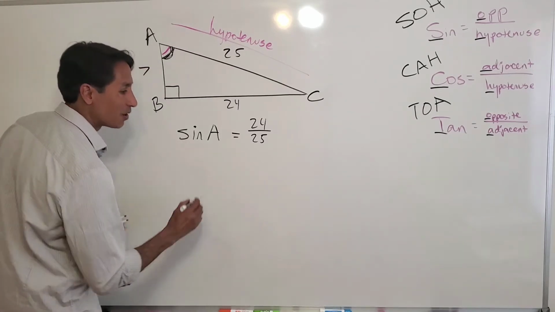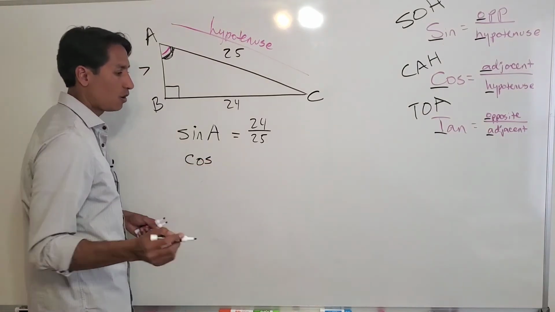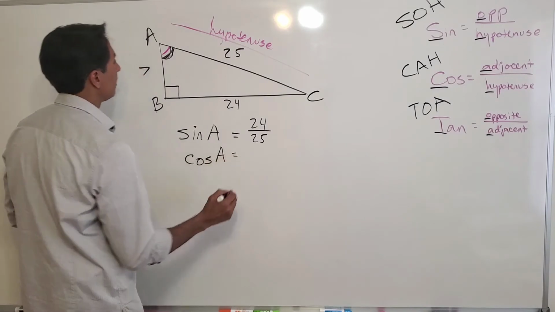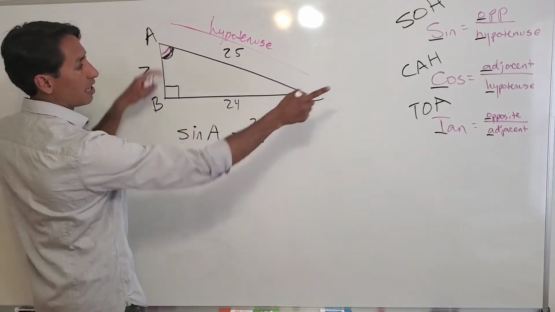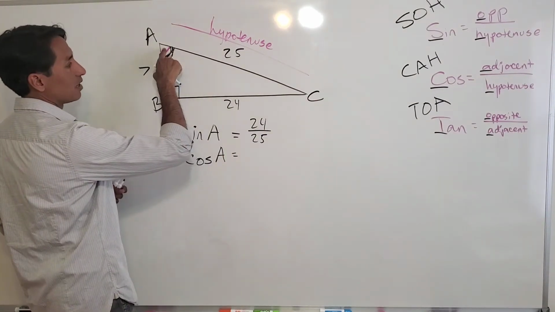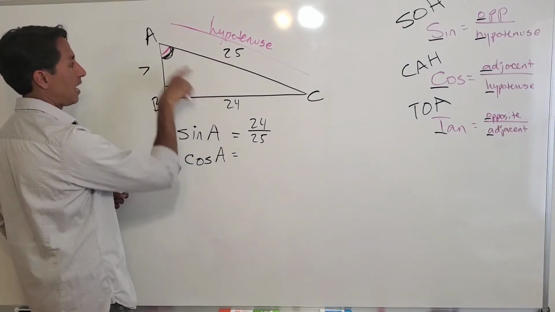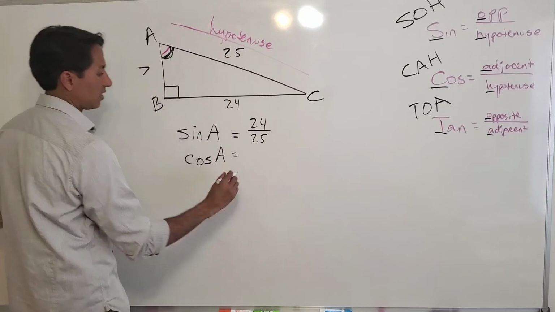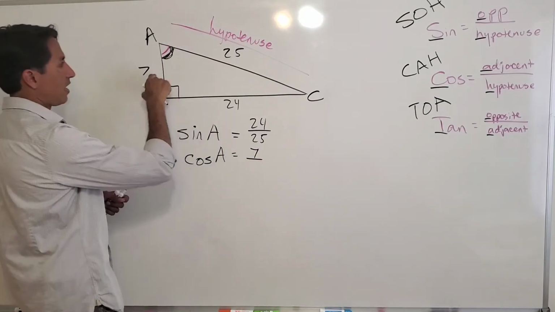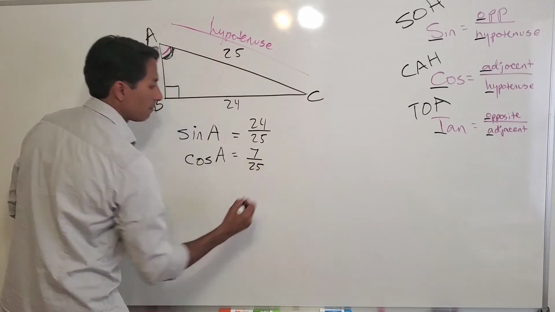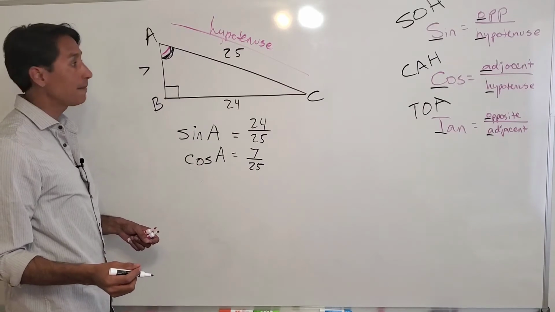Okay, let's move on to cosine. So the cosine of A is equal to adjacent over hypotenuse. So adjacent, right? This is the opposite because it's opposite that angle. So the adjacent is a 7, and then the hypotenuse is a 25. Okay?